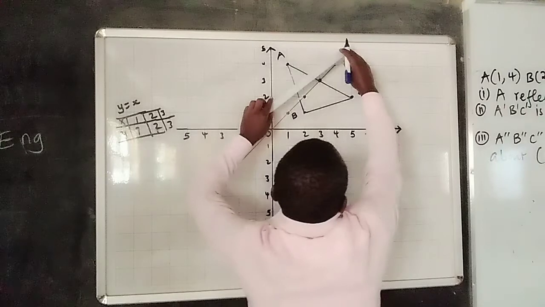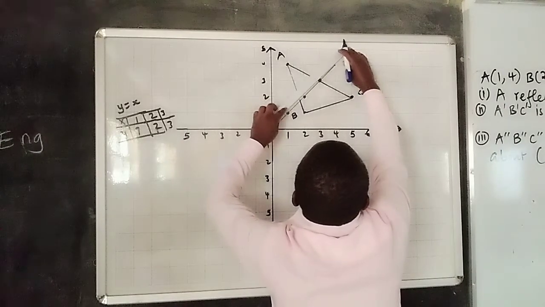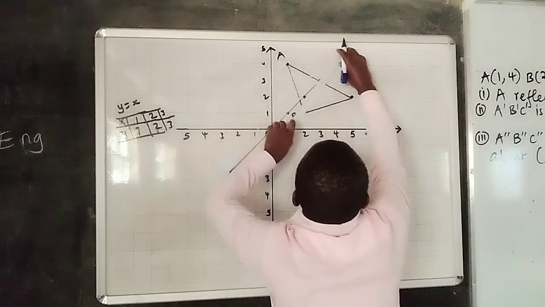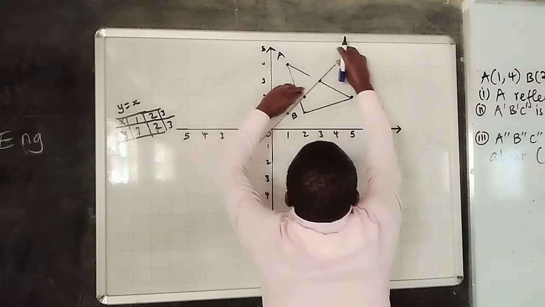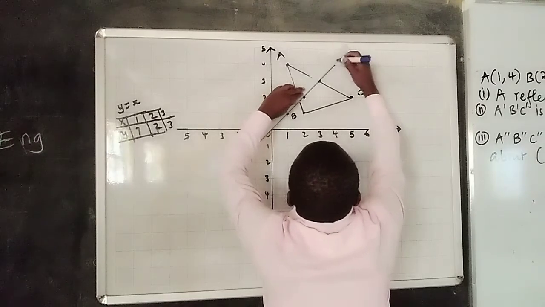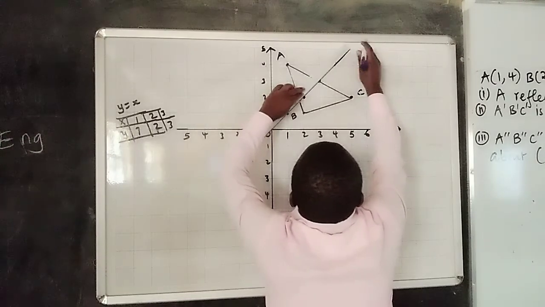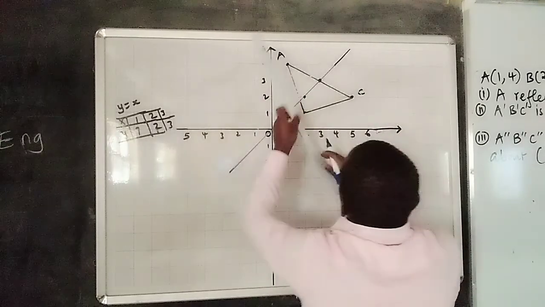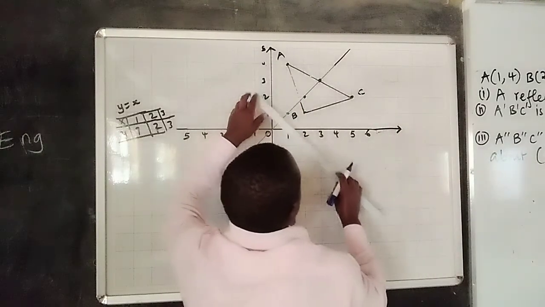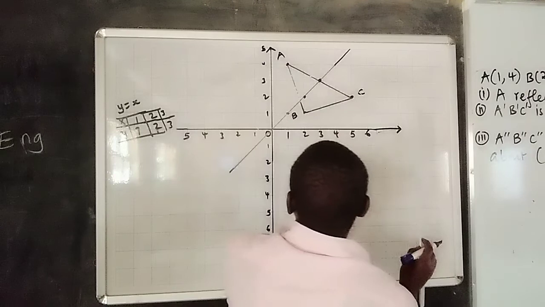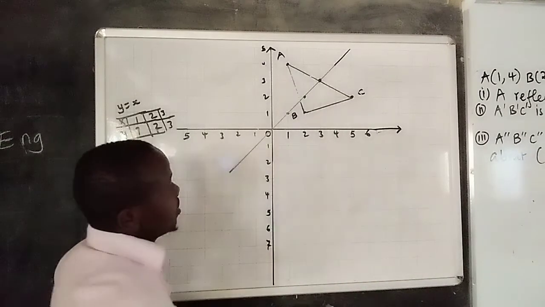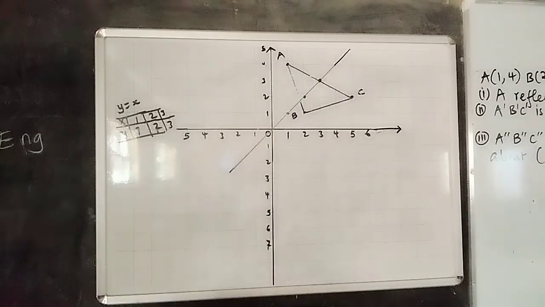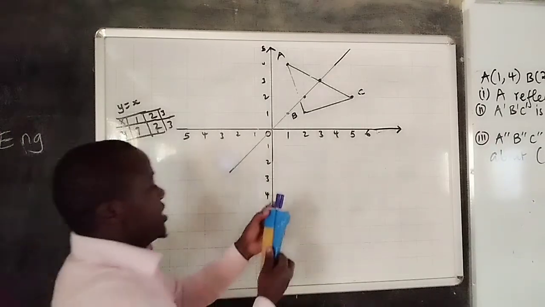let me enlarge this, let me prolong this mirror line. So if we start with A, we shall connect A to the mirror line with a perpendicular line, then we proceed an equal distance to the other side.